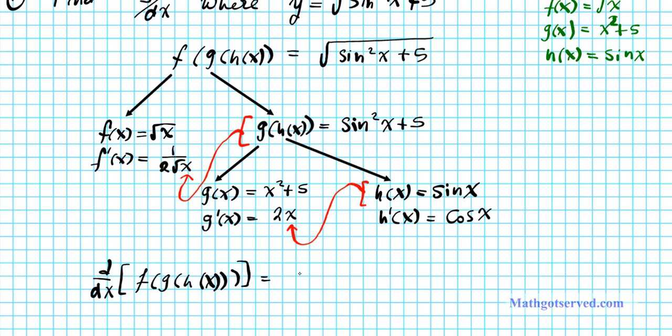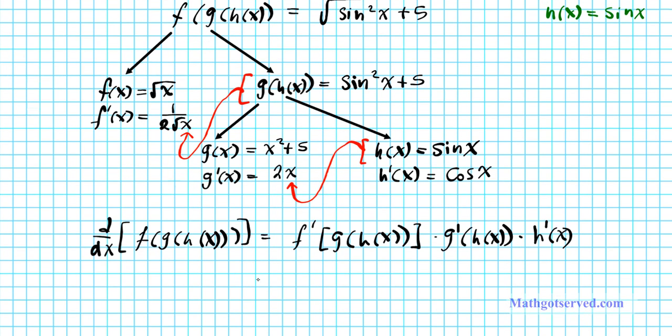We said it was f prime of g of h of x times g prime of h of x. That is the derivative of the middle function evaluated at the innermost times the derivative of the innermost function there. All right, so let's go ahead and finish this up.